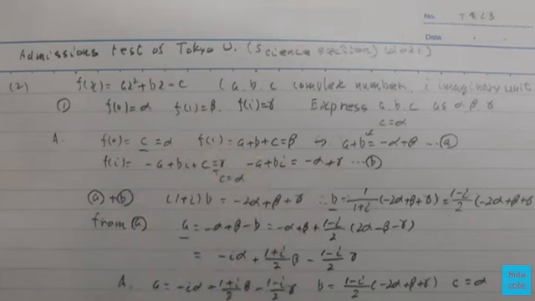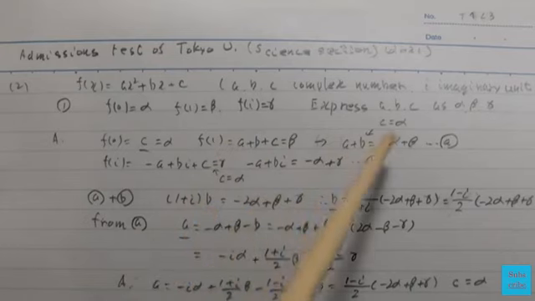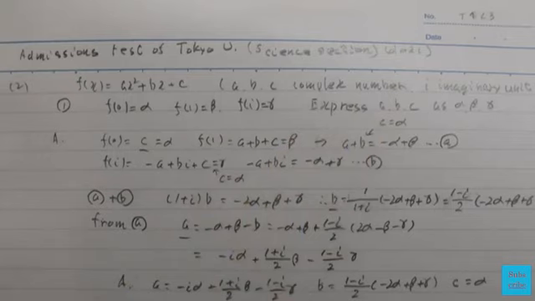Call this equation 2 and the earlier one equation 1. Adding equation 1 and equation 2, (1 plus i) times b equals minus 2 alpha plus beta plus gamma. Then b equals this.